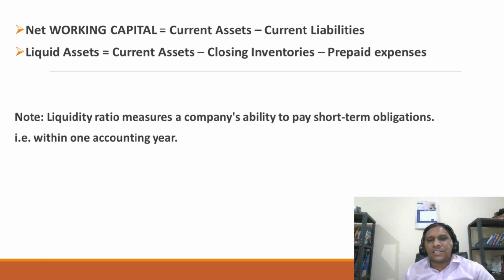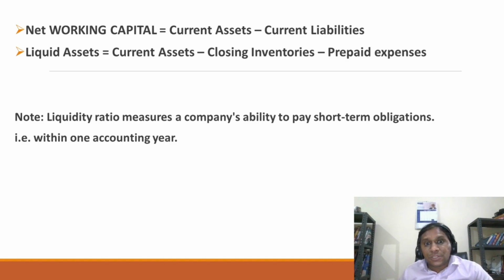Liquidity ratio measures a company's ability to pay short-term obligations within one accounting year. When the question says to compute liquidity ratios, you need to calculate both the current ratio and the liquid ratio. When the question says to calculate or compute the short-term solvency ratios, which ratios will you calculate?